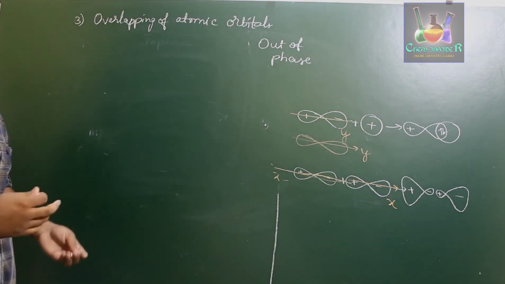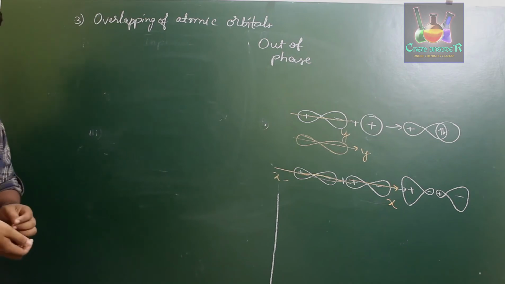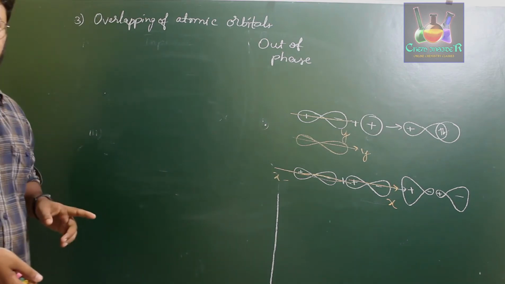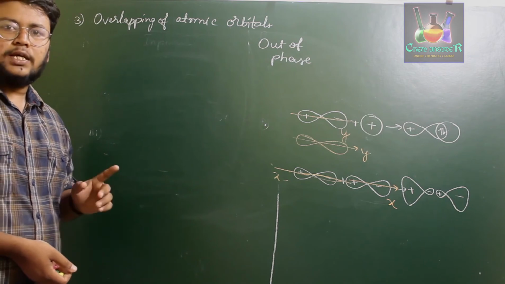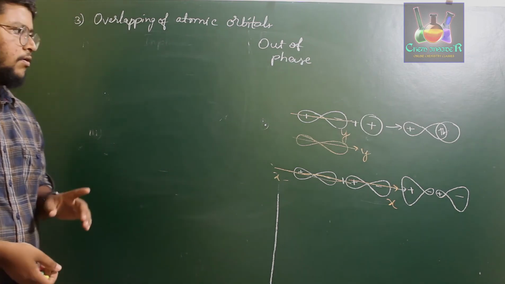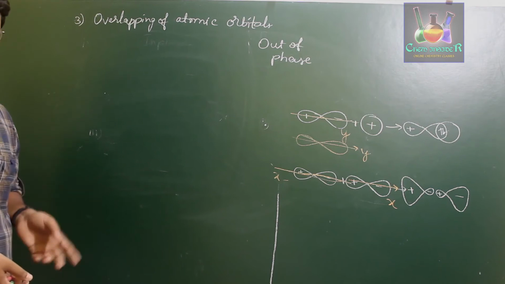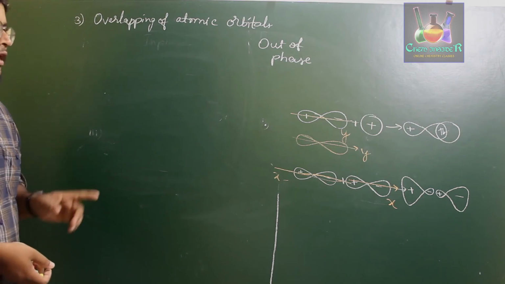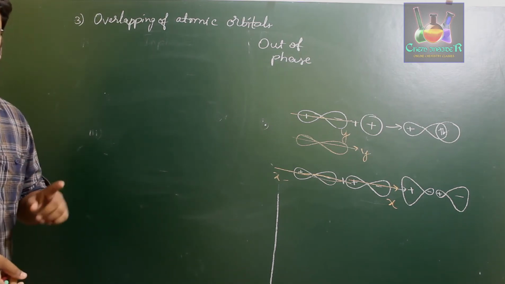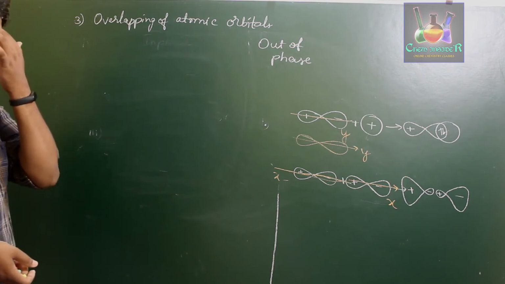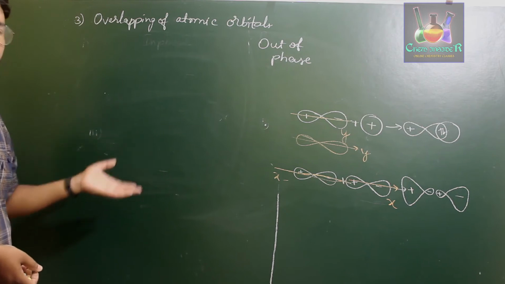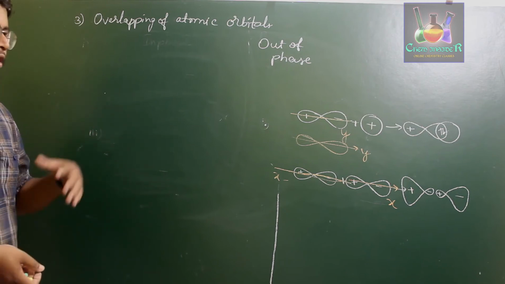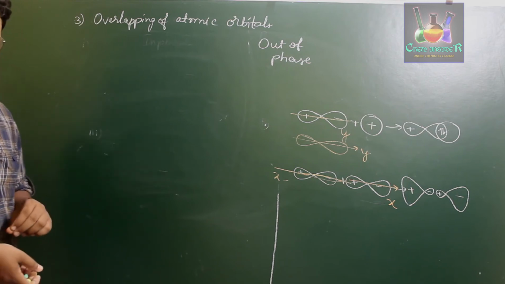For in-phase or out-of-phase diagrams, the directions of both atomic orbitals which are overlapping should be the same. That is, if it is in the x-axis, the other one should be in the x-axis. If it is in y, the other one should be in y. If it is z, the other one should be in z.